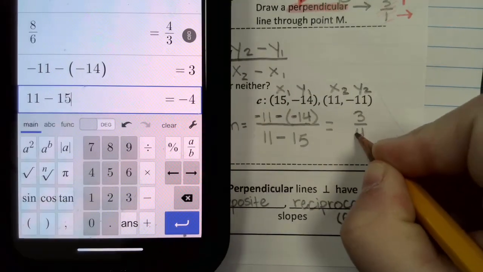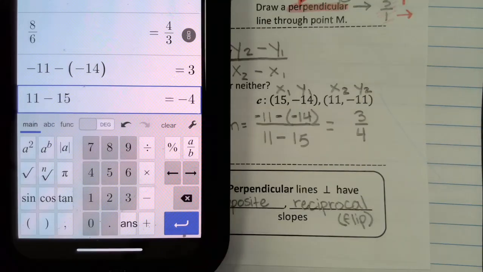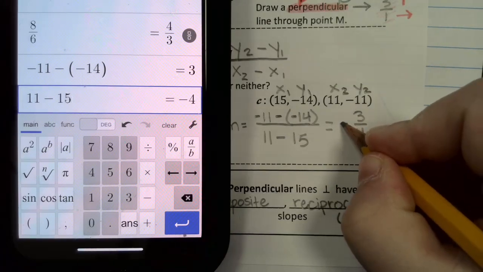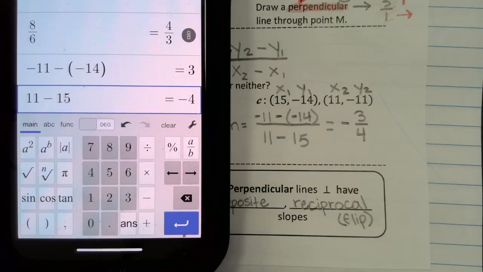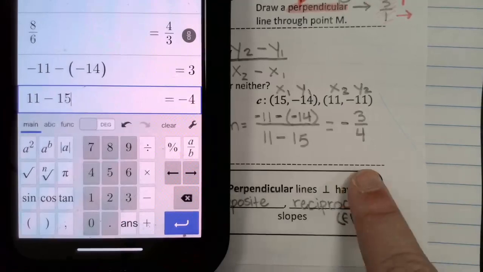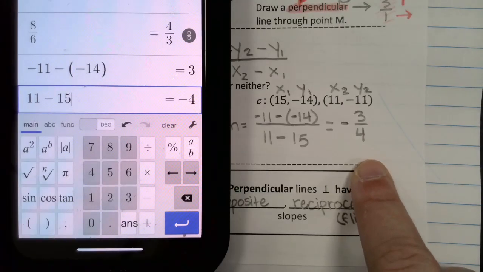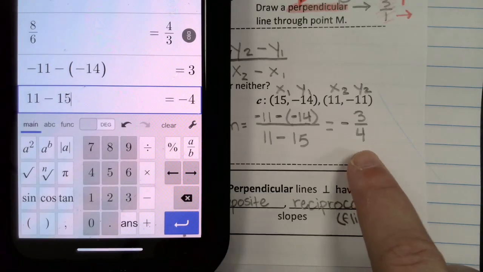Now with a negative, do we like negatives to stay on the bottom? No, negatives usually float to the top or to the front. So negative 3 over 4. Write that down.